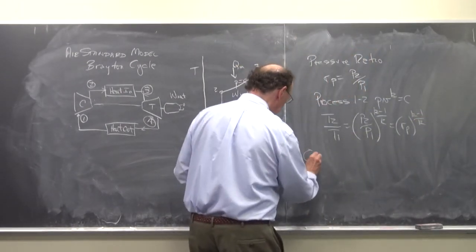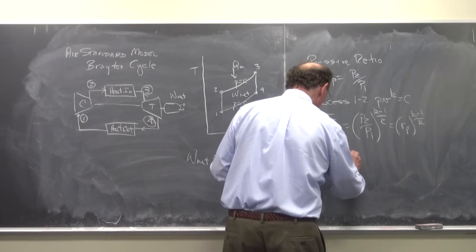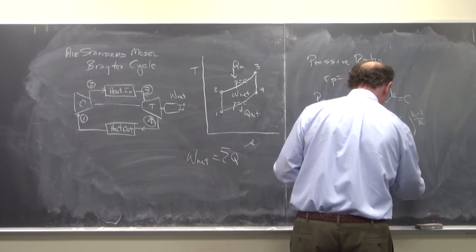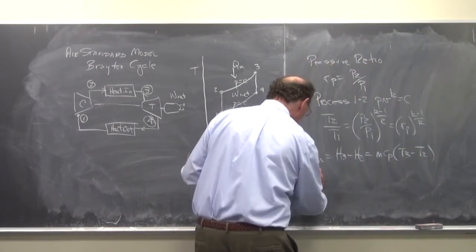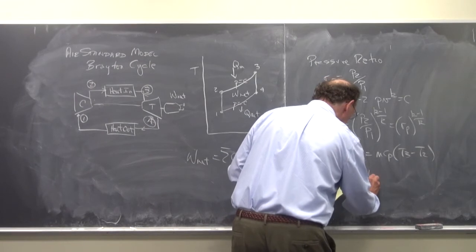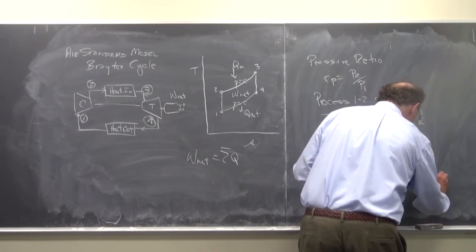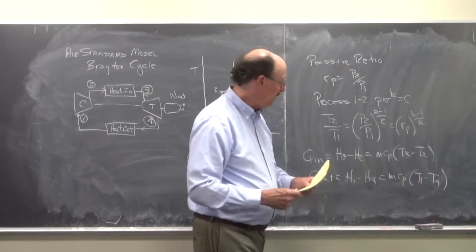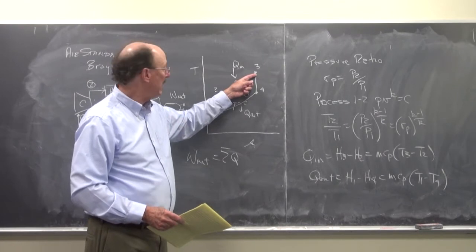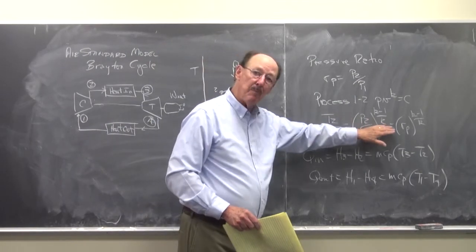Q in, because it's constant pressure, Q in is equal to H3 minus H2, which is m C sub P (T3 minus T2), and Q out is H4 minus H1, m C sub P (T4 minus T1). And so if I look at here, I use the reversible adiabatic process from 3 to 4, it's going to be T3 over T4 is going to have the same R sub P relationship.